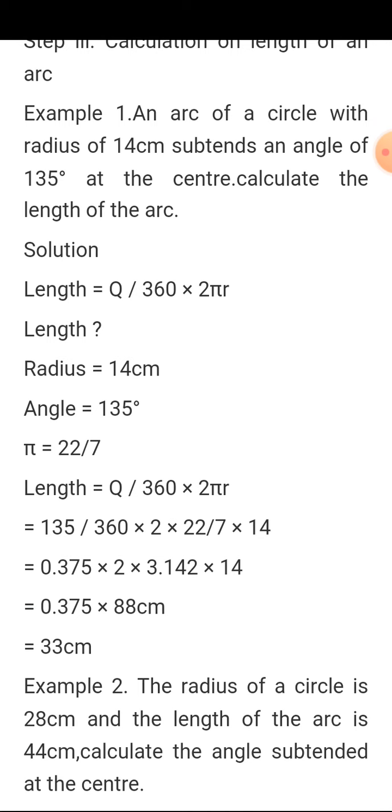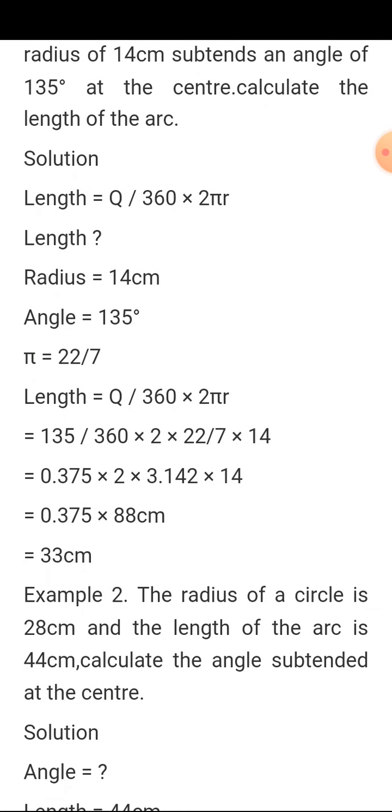Solution to the question. We know that the formula for calculating the length is L equals theta all over 360 multiplied by 2 pi r. The length is the question mark, that is, what they ask us to find. The radius is 14 centimeter according to the question, while the angle theta is 135 degree, and pi is always 22 all over 7.